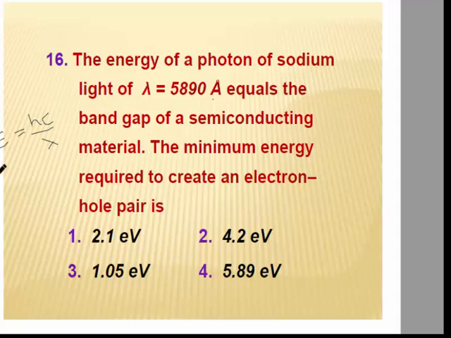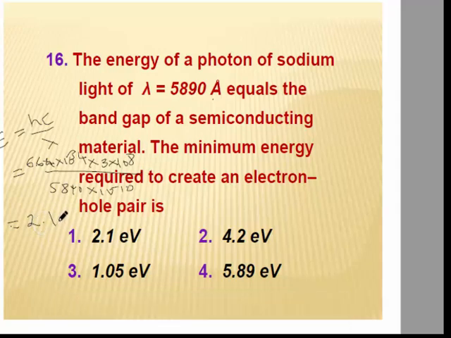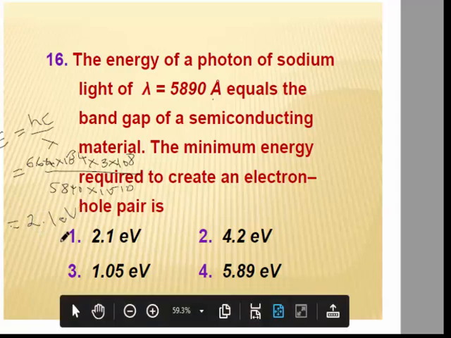H is 6.64 into 10 raised to minus 34, C is 3 into 10 raised to 8, divided by lambda, 5890 into 10 raised to minus 10. After doing the calculations, the answer is 2.1 eV. That is option number 1.